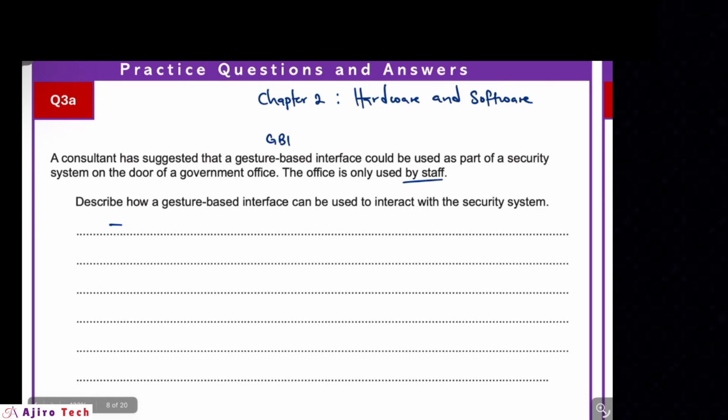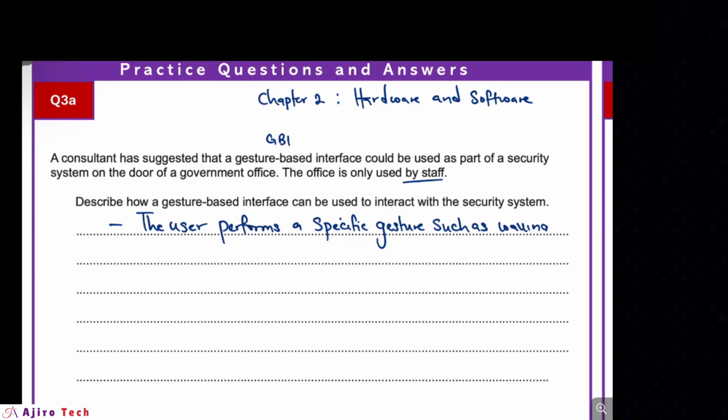So here, the user performs a specific gesture, such as waving a hand.